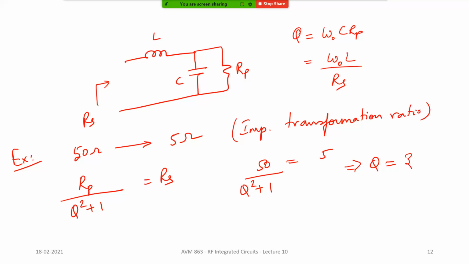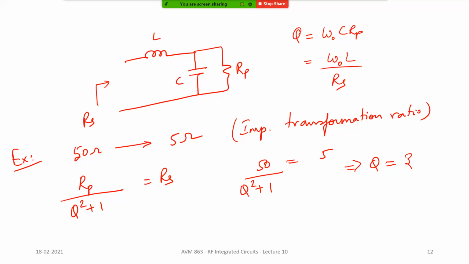So the impedance transformation ratio is basically setting the Q of your overall network. Let's say, for example, you are designing a power amplifier, you want this down conversion, but you also want a very tight filter, which means you want the bandwidth to be very small, a higher Q network.